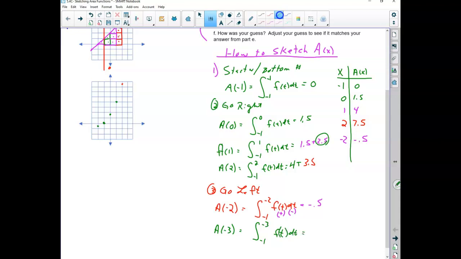dt. Now remember, when we did that cosine or sine function, when we were integrating to the left, what do you notice about this stuff down here? I can see that area is a half, but is that a positive half or a negative half? Well, think about this. I'm accumulating to the left.